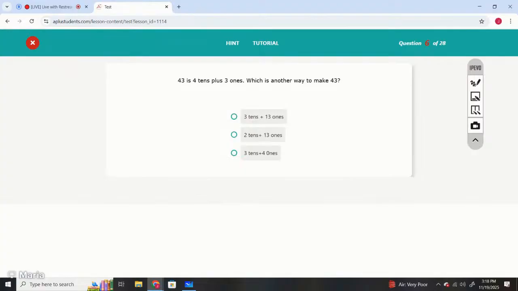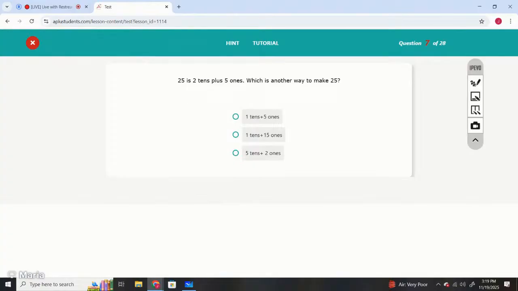43 is 4 tens plus 3 ones, which is another way to make 43. We have to make 43, right? So that is 3 tens and 13 ones.